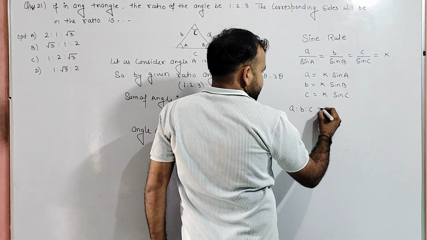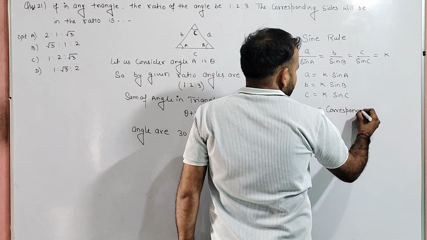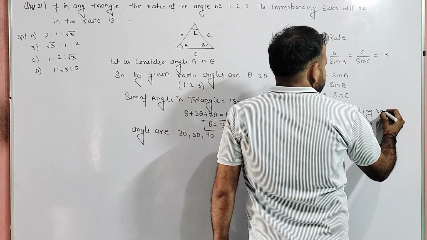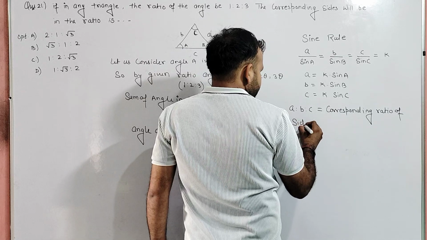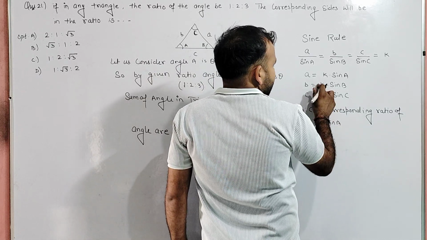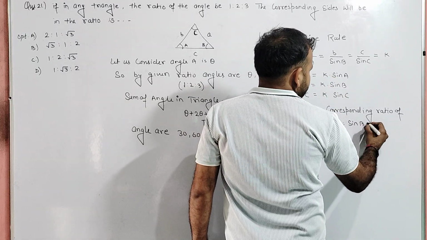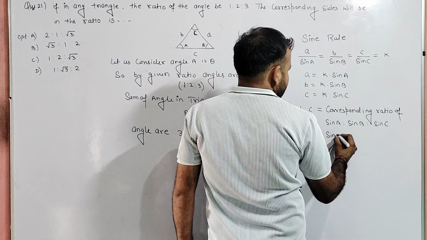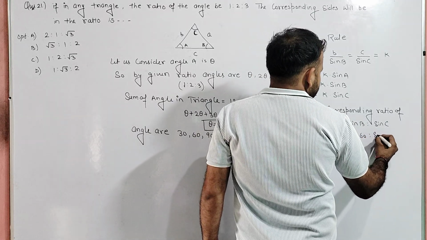So we can say that this is the ratio of sides, that is sin A ratio sin B ratio sin C, because the constant K is cancelled out throughout. The angles are 30, 60 and 90.